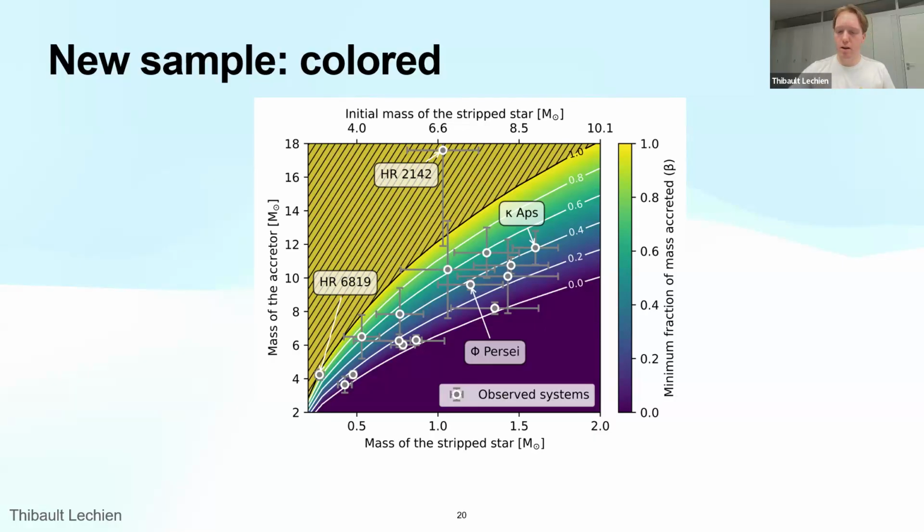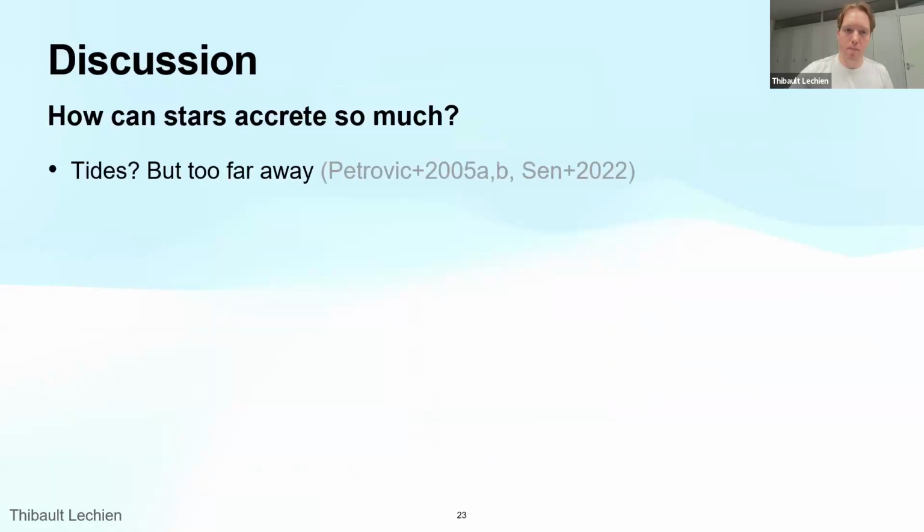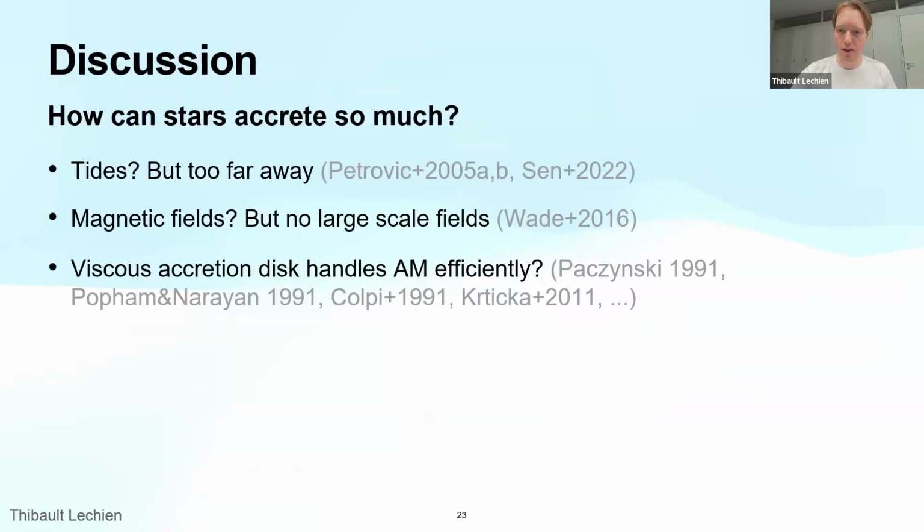Right. This is work by Paczynski in the 90s, for example. I haven't gone too much into detail on exactly how these papers propose this process to work. But from what I understand, if you have an accretion disk, this accretion disk can put angular momentum back into the orbit instead of just putting it onto the companion star.